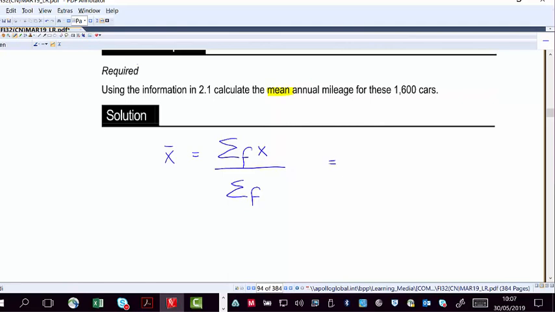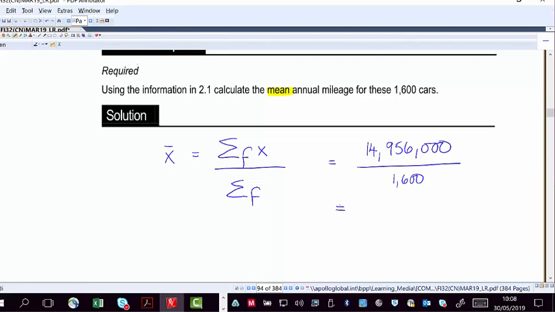As we said, by looking at the information in relation to the data at 2.1, the total mileage is 14,956. So that's the total amount divided by all cars, or all observations if you like. So we're going to divide it by the 1,600 number of drivers that we had gathered the data for.